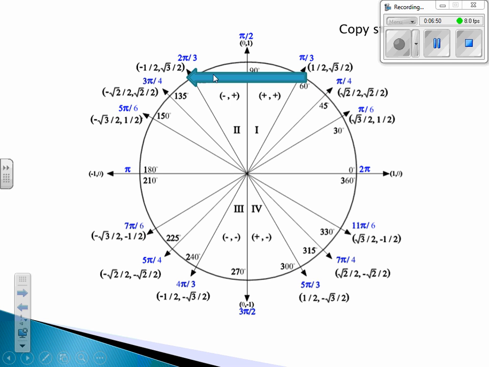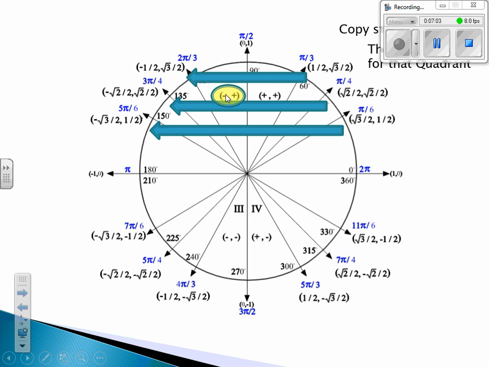So this 1/2, square root of 3 over 2, 1/2, square root of 3 over 2, across, across, across. And then I need to apply the sign for that quadrant. That means all of the x values need to have a negative sign. All of the y values, we're going to leave them positive. So we're able to copy the values in this location over here, and then we apply the signs.